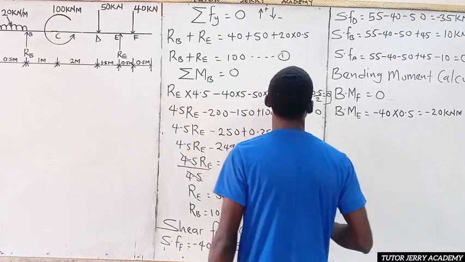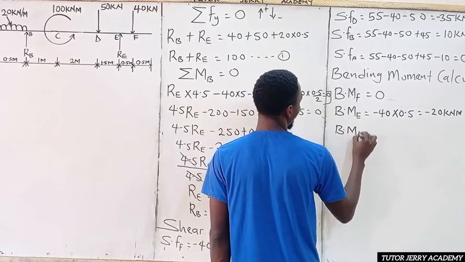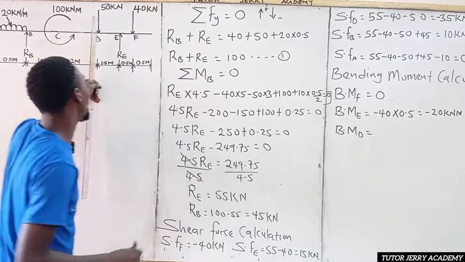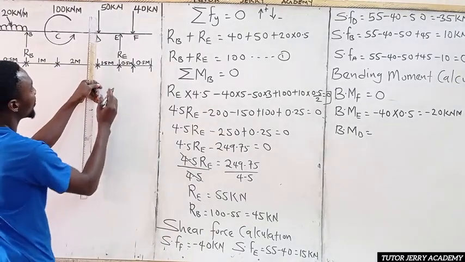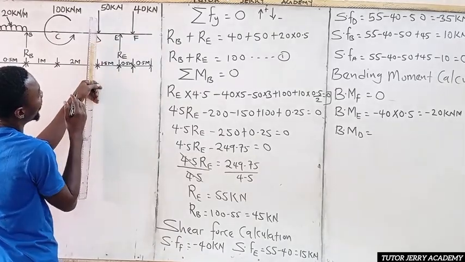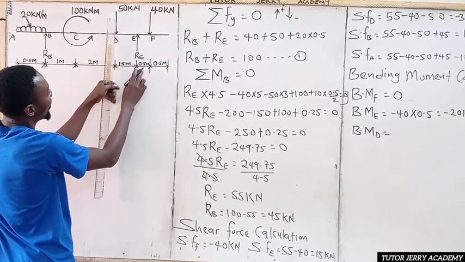All right. So now the next one is point D, the bending moment at point D. If we stand at point D, the total distance from this point to this point is 2, right?